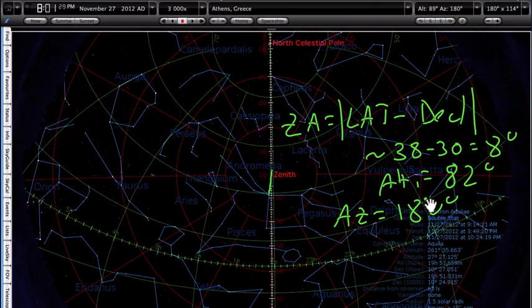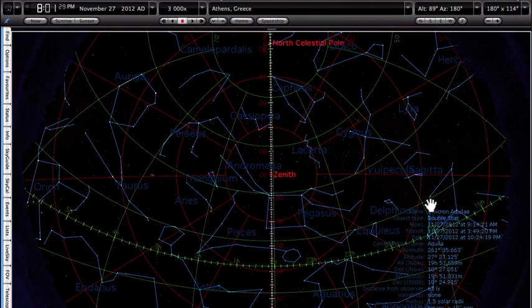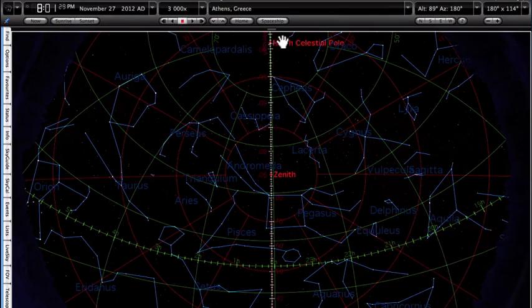And now if we need to observe Alpheratz later or earlier, we simply use the fact that over time, the sky rotates about the celestial pole at the rate of 15 degrees an hour, so that if we wait an hour, and we indeed are observing at 9 p.m., Alpheratz will have moved 15 degrees to the next celestial meridian, and indeed, that is what we will observe.